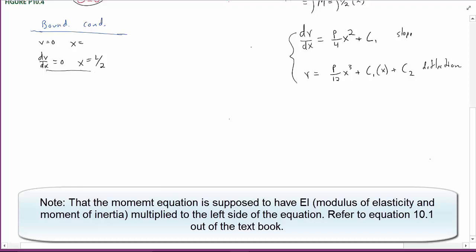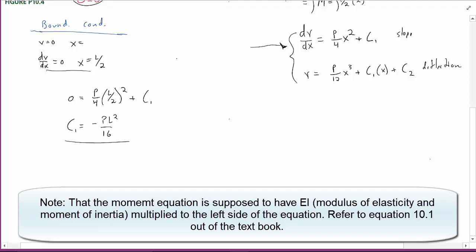So I'm going to pick this equation here, which is our slope equation, and say 0 equals P over 4 multiplied to L over 2 squared plus c sub 1. So this becomes L squared over 4, 4 times 4 is 16. Moving this over to the other side, we get c sub 1 equals negative PL squared over 16. Okay, and that's the first constant.